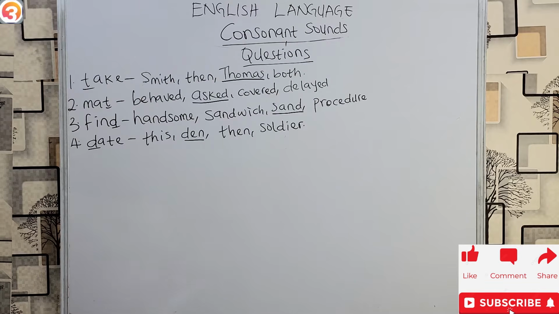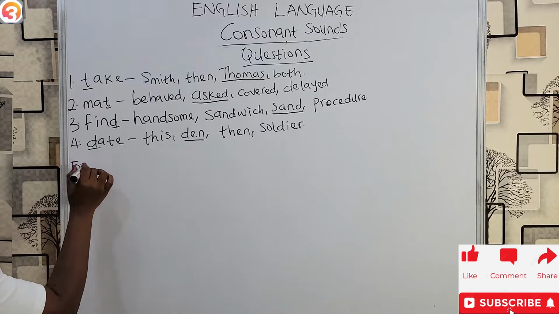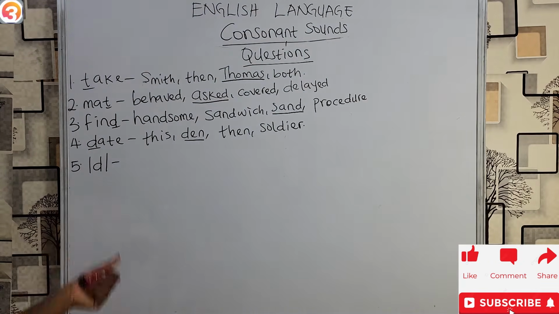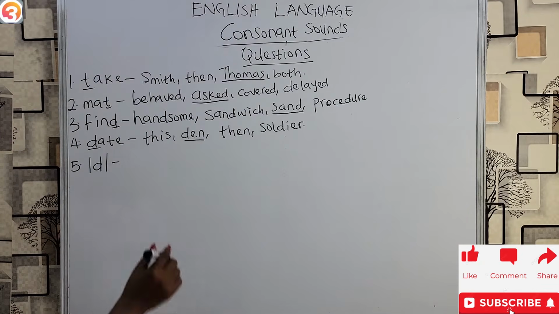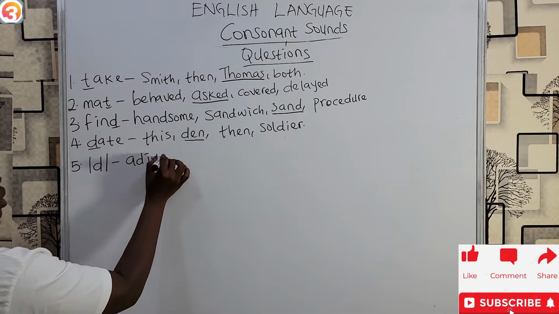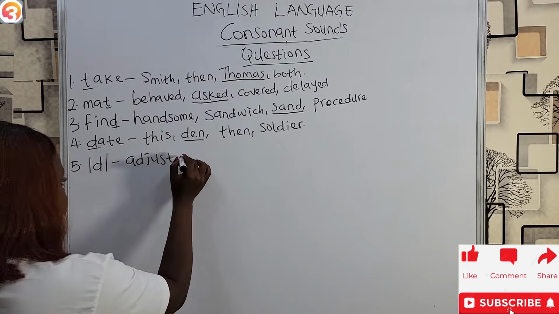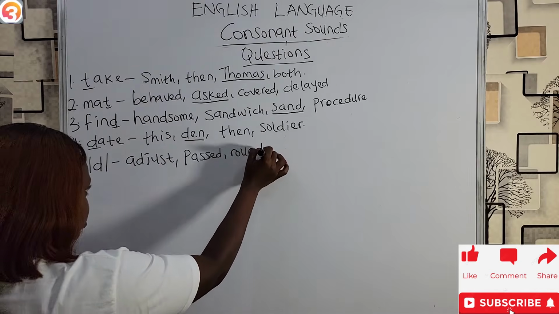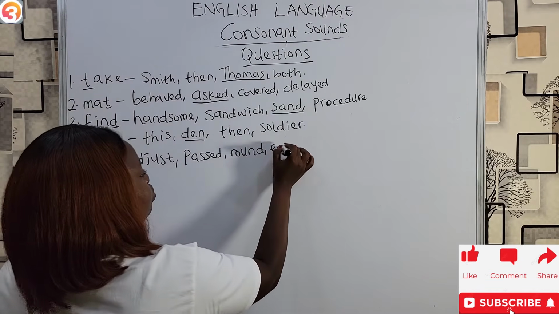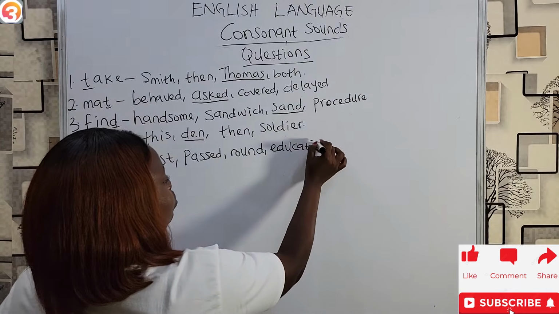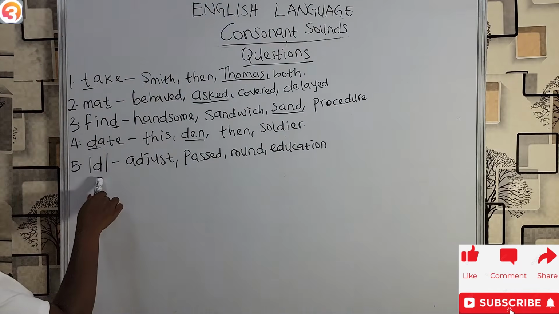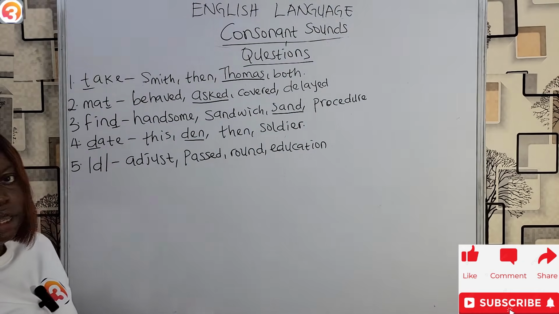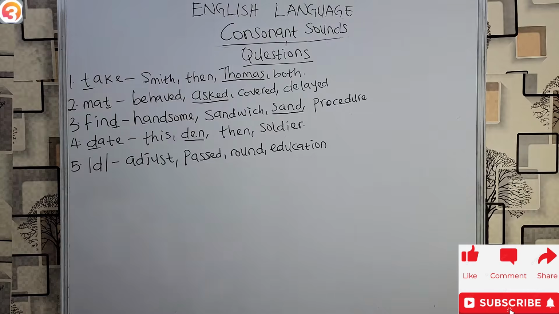Then if we're now given the consonant sound, and we're asked to choose the word that contains that consonant sound. Example, we have options rather. Here we are asked to look for the word that contains consonant D. And if you look at all the words in the options, there's letter D there. But it's not all that contains that consonant sound.